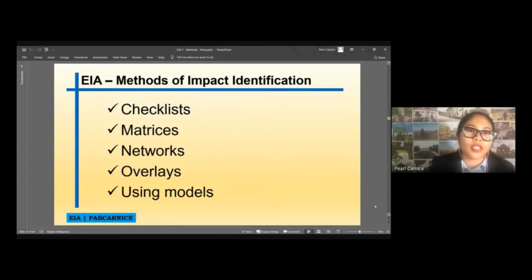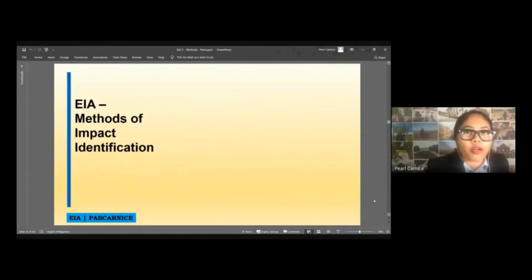The good thing with models is we can actually model and see the impacts of the study. And at the same time, we can also consider the sensitivity analysis for the project or for the specific impact that we want to model from your project.